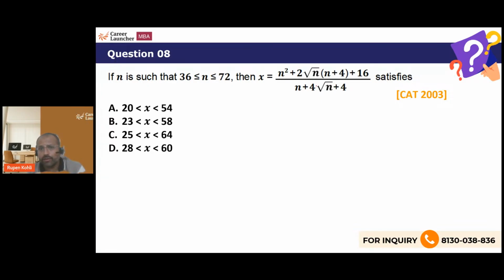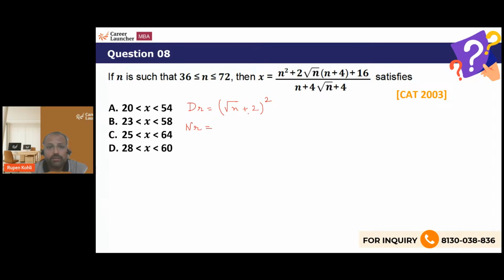If you carefully think on this, then the denominator is simply (root n plus 2) whole square, right? This will give me n plus 4 root n plus 4, right? That's one observation. So we are expecting or hoping something will happen with the denominator, with the numerator also, right? So let's proceed to simplify that, what happens.